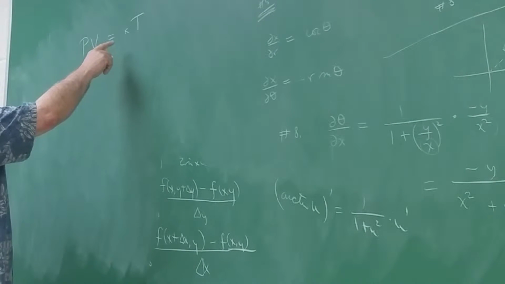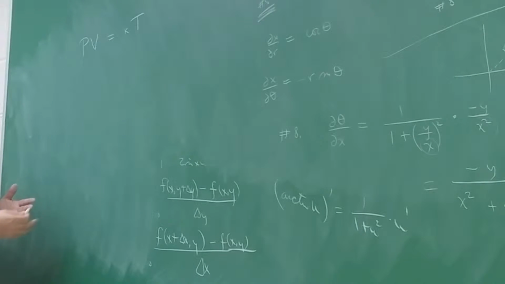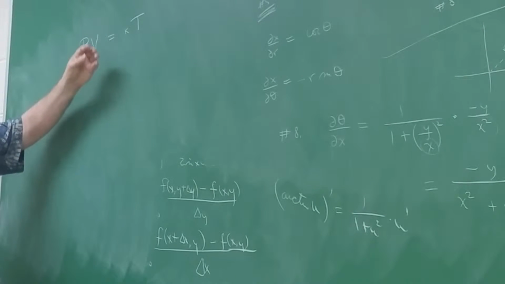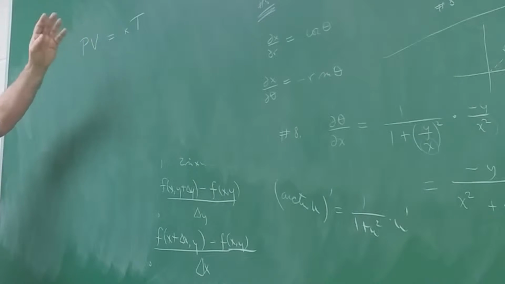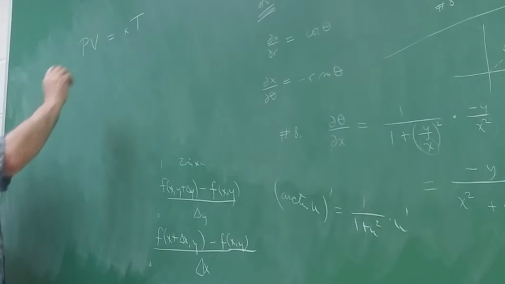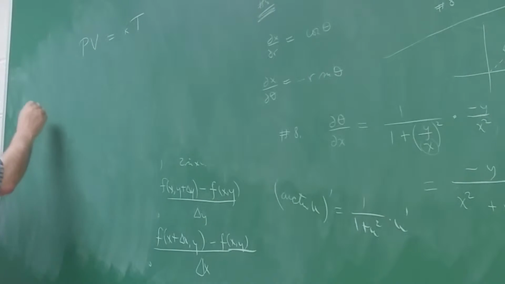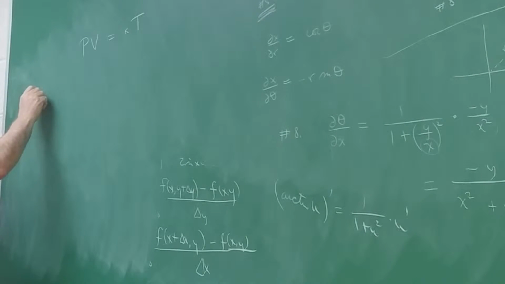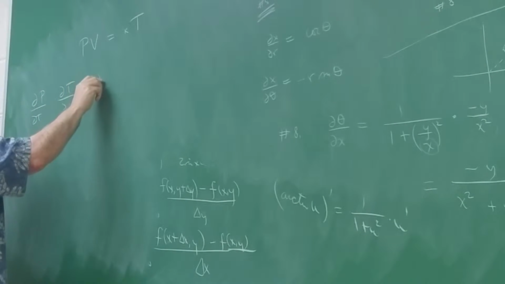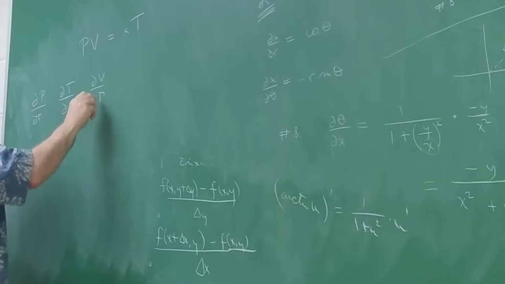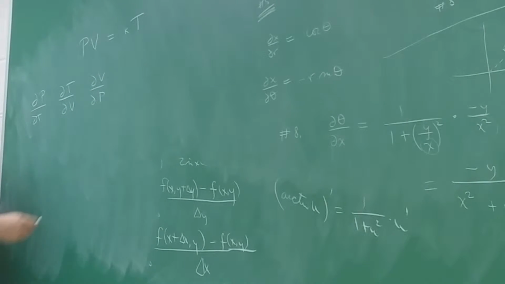Actually, I'm lumping the universal constant in with mass. But anyway, forget that. I'm going to think of K as being truly a constant. And here's the problem. Calculate del P del T times del T del V times del V del P equals what?